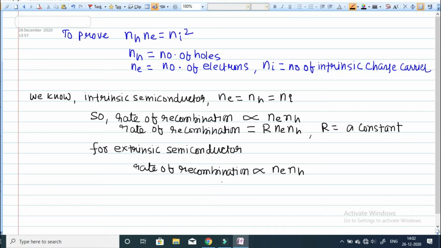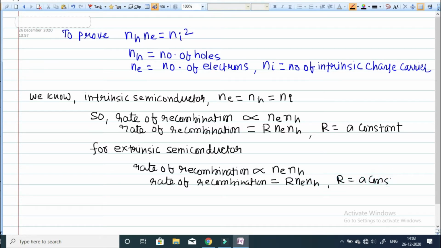Now when we remove this proportionality, it will become R into Ne into Nh. Here again R is a proportionality constant.